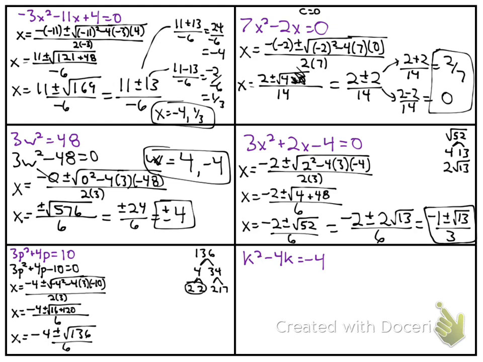So this is going to become 2 root 34. So that means negative 4 plus or minus 2 root 34 over 6 is simplified. Then, like the previous problem, we can divide the 4, the 2, and the 6 all by 2 to get an answer of negative 2 plus or minus the square root of 34 over 3.